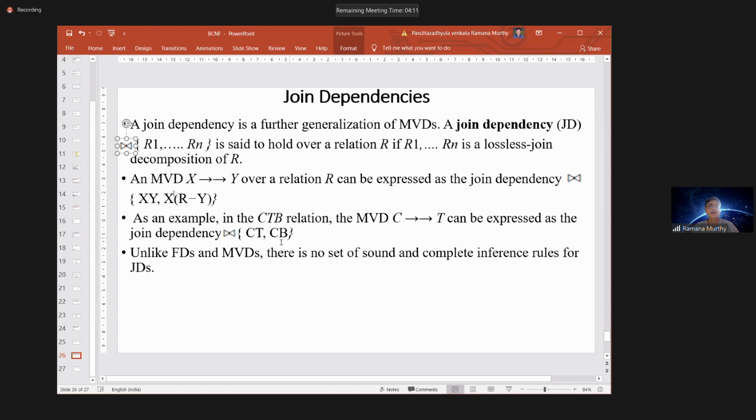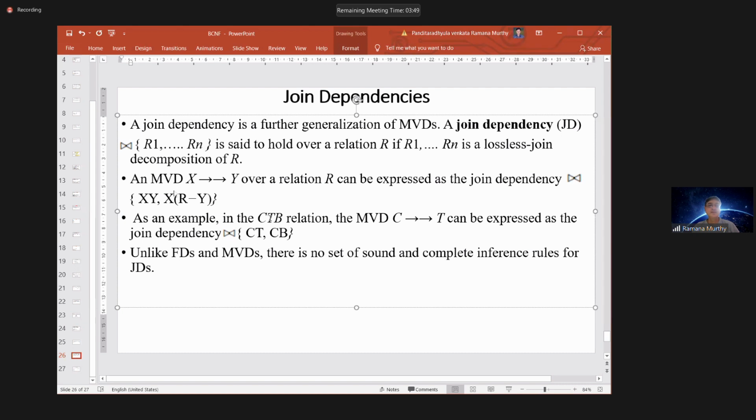On joining these two tables, if you get our original CTB table, then you can say it satisfies the join dependency. If you are not getting it back, it is a lossy join, and the join dependency is violated.